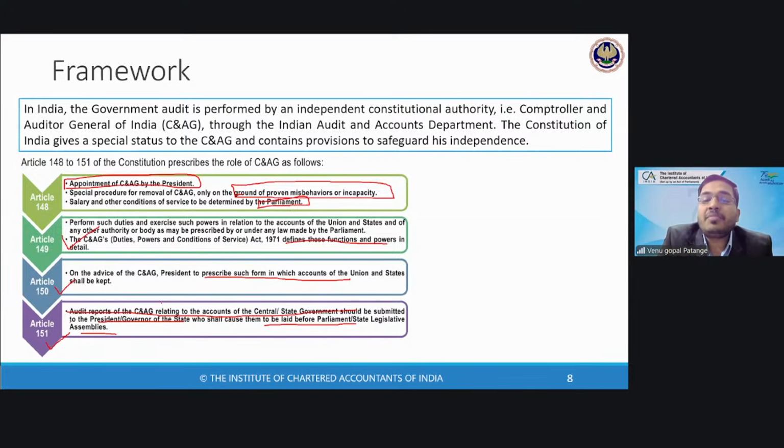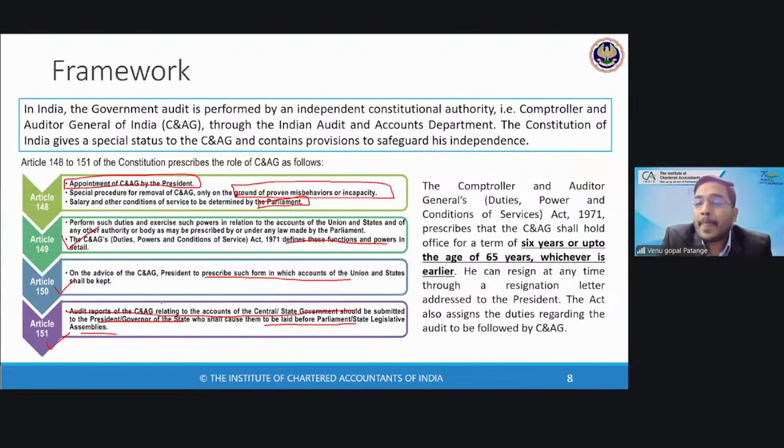So who can become C&AG? How many years can the person hold the office? We'll see. A person who became a C&AG can hold the office for 6 years or up to the age of 65 years, whichever is earlier. So let us say a person aged 62 joined the office.